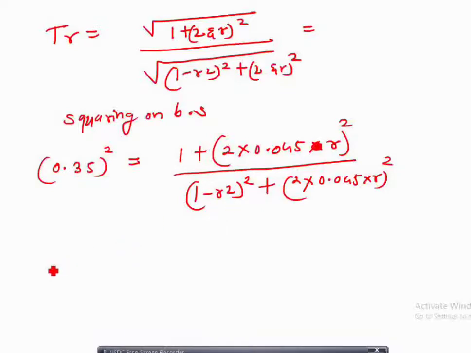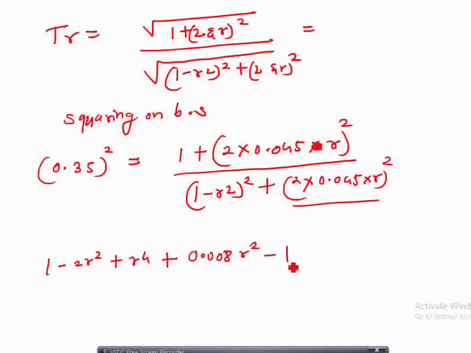So 1 minus R square squared means 1 minus 2R square plus R to the 4, plus this whole term, 2 into 0.045 squared, which becomes 0.008 R square.